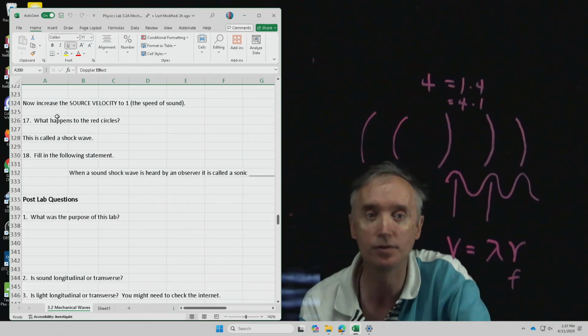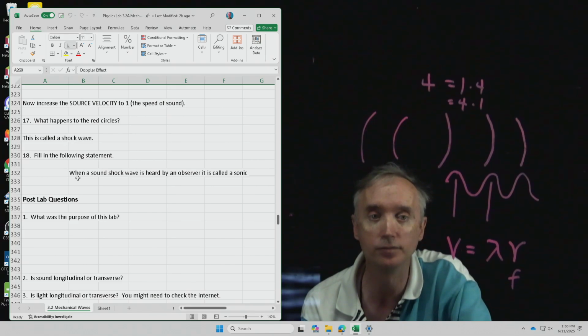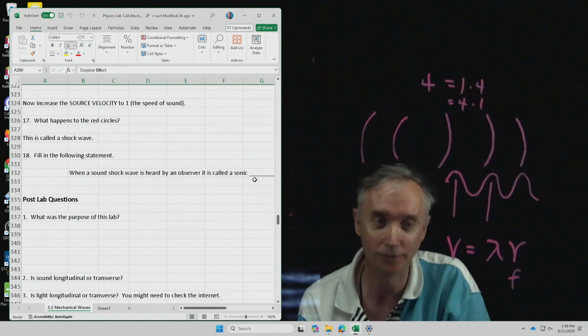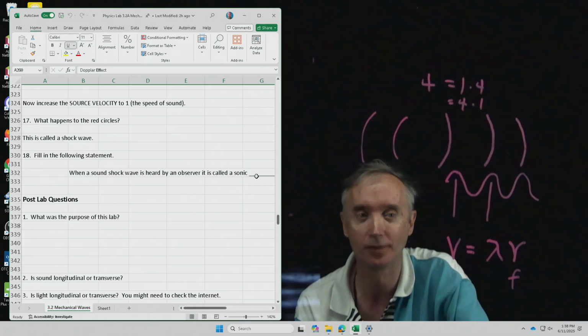What happens to the red circles? This is going to be called a shock wave. Fill in the following statement: when a sound shock wave is heard by an observer, we call it a sonic something. You can probably find that on the internet.